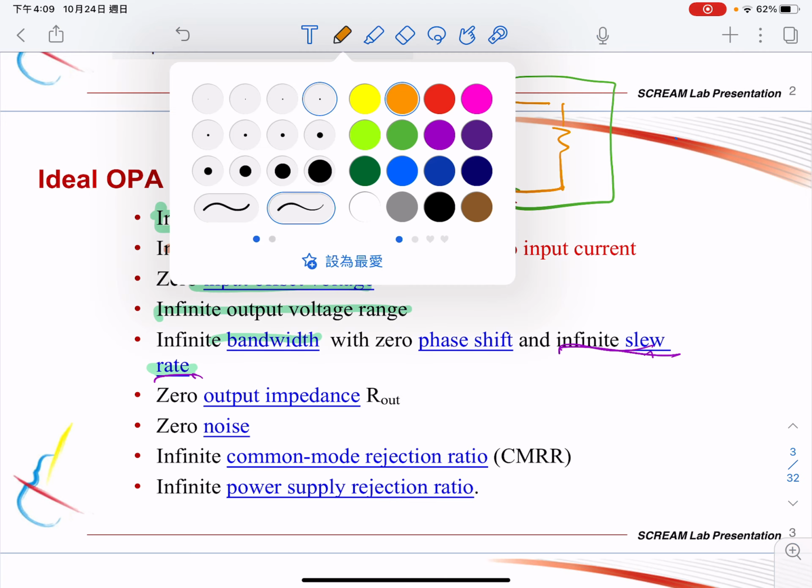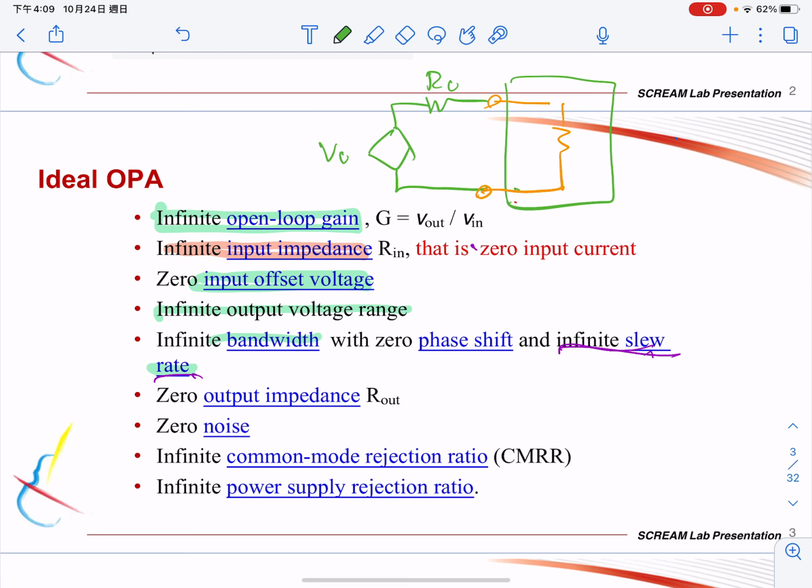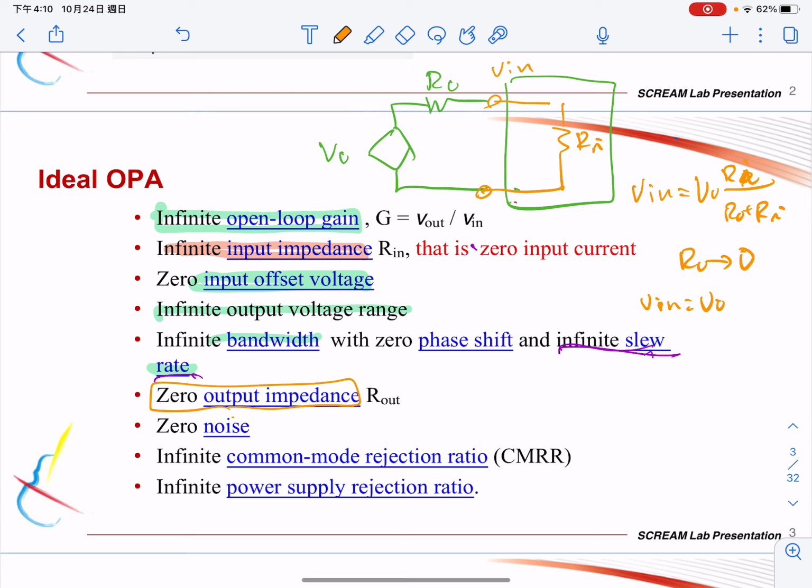This is the V out, and this is the V in. So V in will be equal to V out times Ri over R0 plus Ri. So if R0 goes to 0, then V in will be equal to V out. That's why we want a zero output impedance. Of course, zero noise.